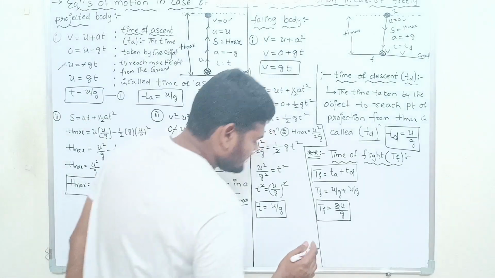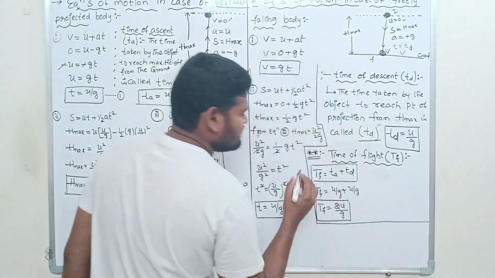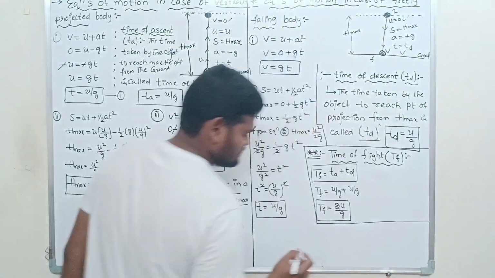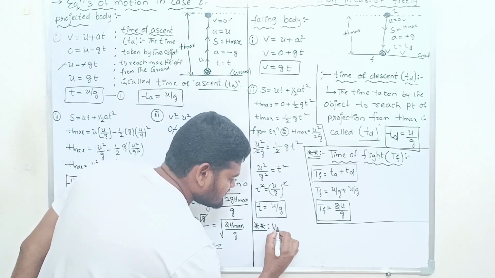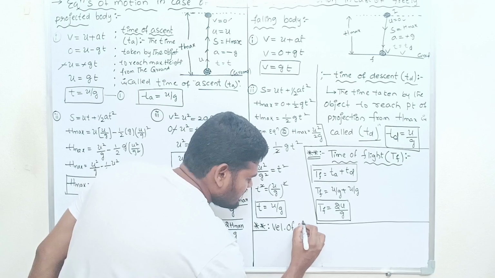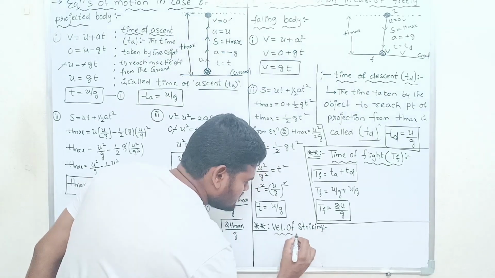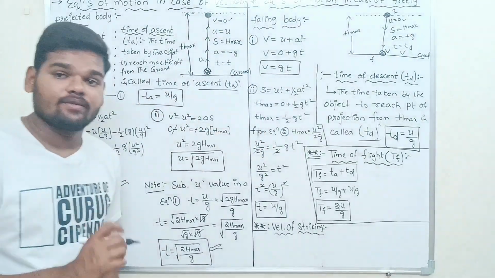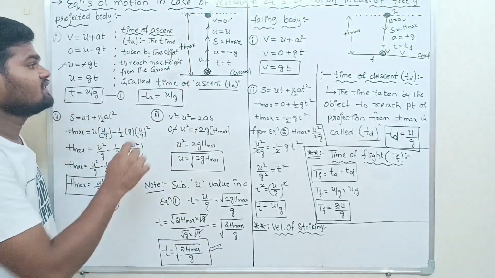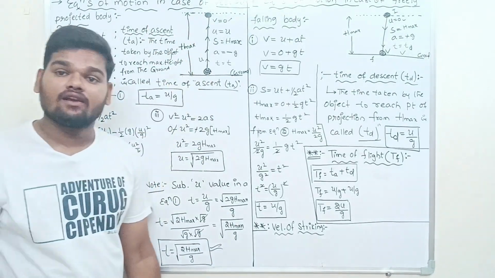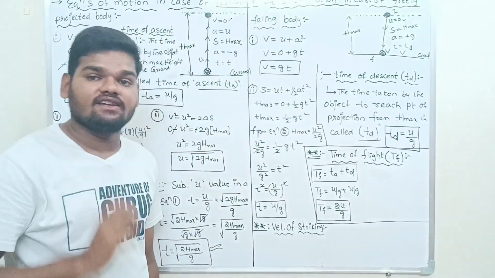Right, very good. Let us discuss velocity of striking. What is the meaning of velocity of striking? That means we project an object vertically upward with certain initial velocity u. After reaching the maximum height, its final velocity becomes 0.